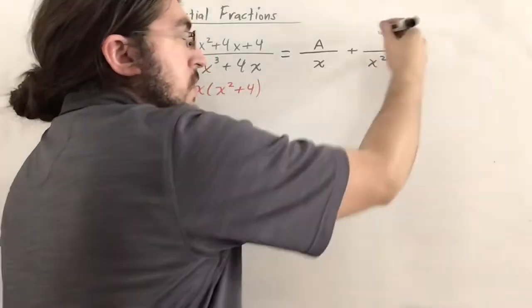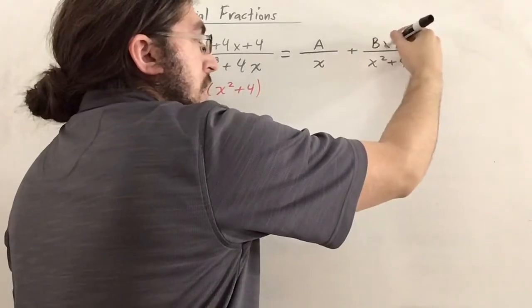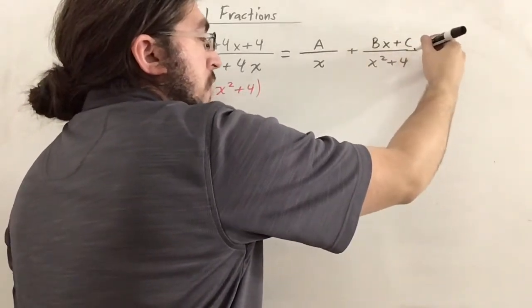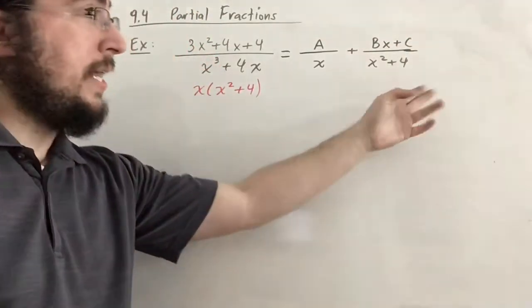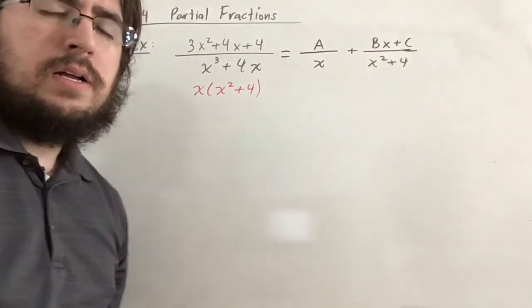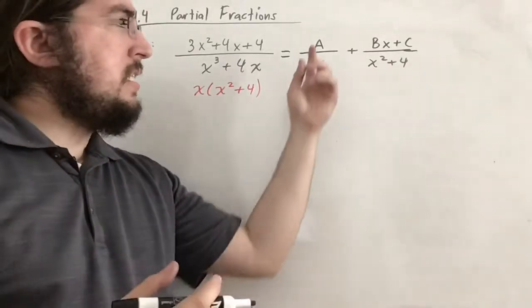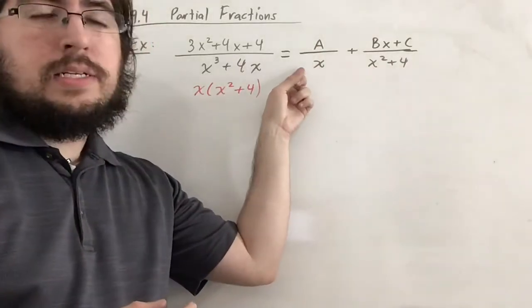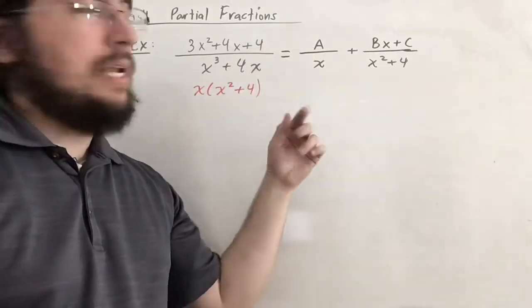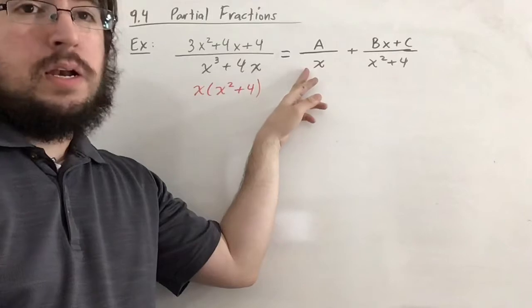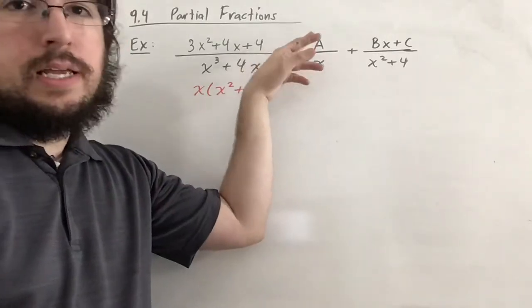So in fact, long story short, the setup you should use when you have an irreducible quadratic as one of your factors in the original denominator is that the numerator of that fraction with that irreducible quadratic must be linear. So the big takeaway here is that whatever your denominator is, the numerator must have degree 1 less than that. So notice here the highest power of x is 1, here the highest power of x is 0.